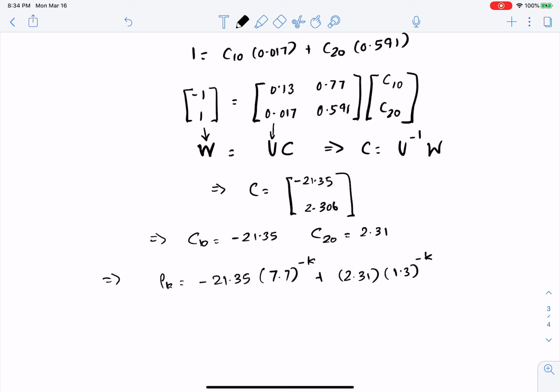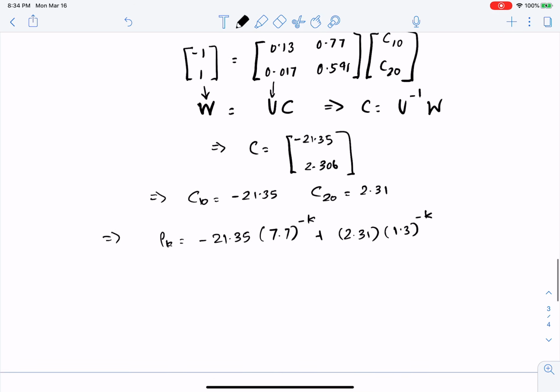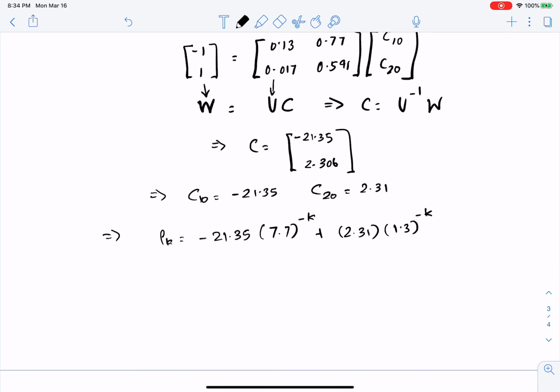Now that we have a general expression for row k, we can pretty much find any autocorrelation value for changing values of k. For instance, if we plug in k equals 3, we could find row 3. If k equals 4, we could find row 4, and so forth.